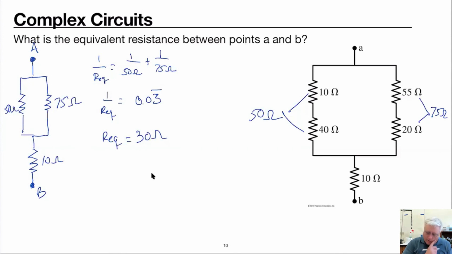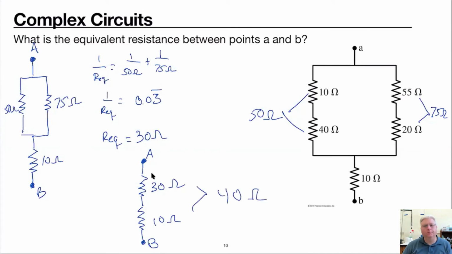Okay, and now we've condensed this circuit even more, so we can draw another circuit where we have the equivalent of a 30 ohm resistor there in series with a 10 ohm resistor here. And then 30 plus 10 is just 40 ohms.